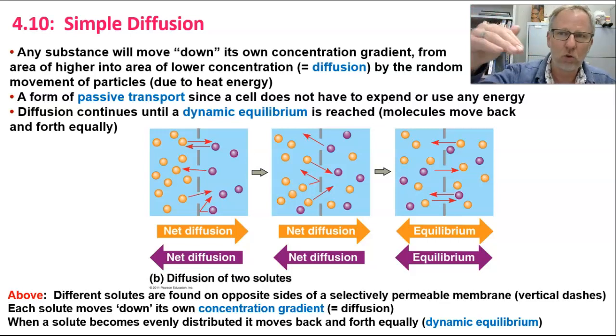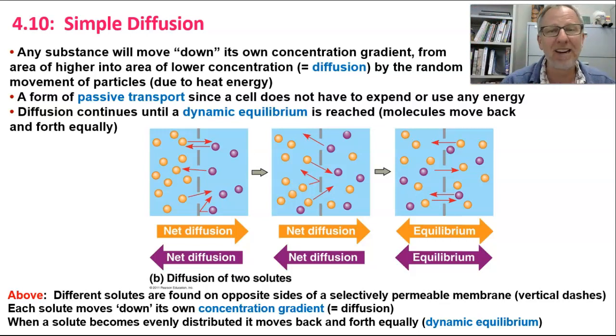Coast down. You don't have to pedal. You don't have to expend any energy. You will move passively from the top of the hill to the bottom of the hill. Passive transport. And that's what diffusion is. Cells don't have to expend any energy to make this happen. It's just the random movement of molecules.